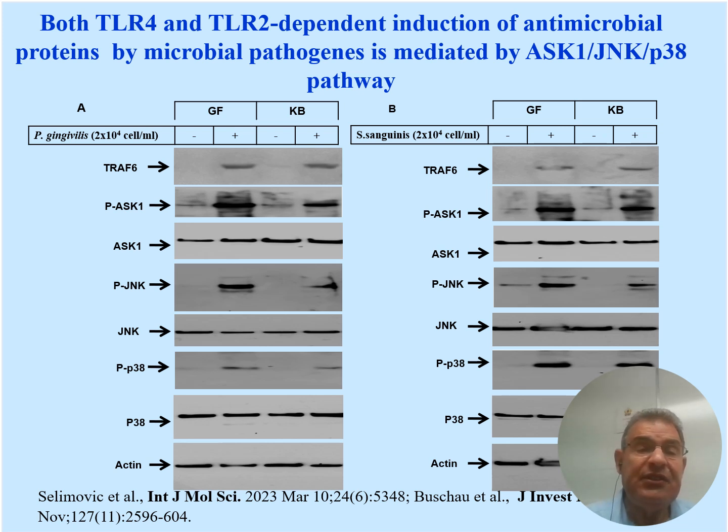As you see, the stimulation of the cell lines with the corresponding microbial pathogens enhances the expression of TRAF6 in both cell lines, and this increased expression of TRAF6 was associated with the phosphorylation of ERK1, Jun kinase, and also p38, as detected by the corresponding phospho-specific antibodies.